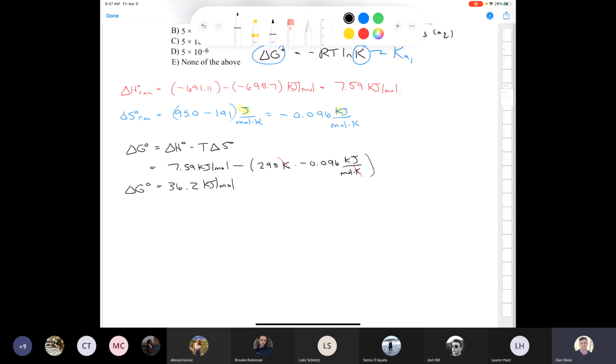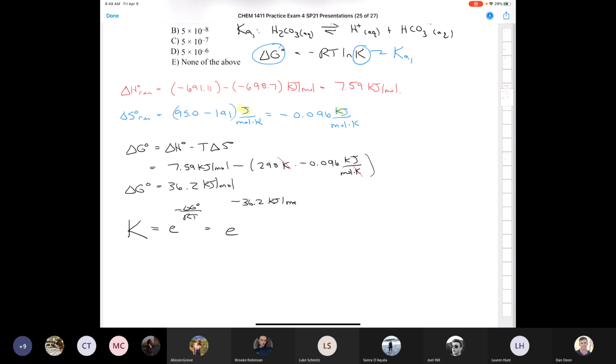In the interest of time, I'm not going to derive the equation that we did in the last problem. Question 10, we said that K is equal to e to the power of negative delta G naught divided by RT. I plug in some values here. I've got negative 36.2 kilojoules per mole divided by 8.314 times 10 to the negative 3 kilojoules per mole Kelvin, multiplied by 298 Kelvin, like that.